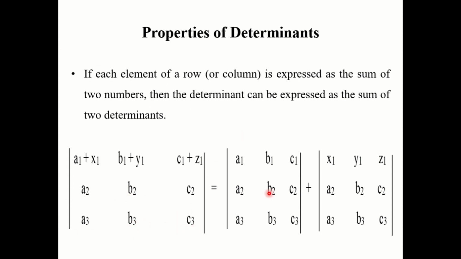Then the resulting determinant will be A1, B1, C1, A2, B2, C2, A3, B3, C3 plus x1, y1, z1, A2, B2, C2, A3, B3, C3. These are the properties of determinant.